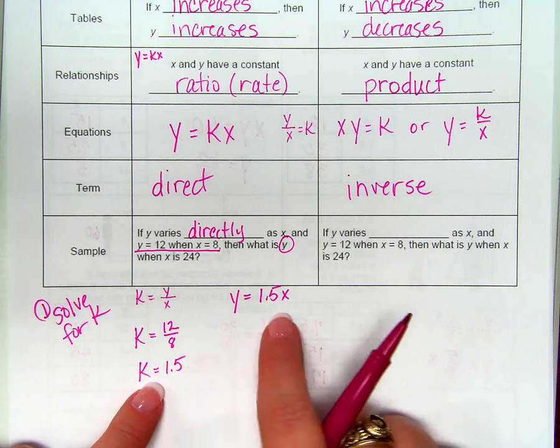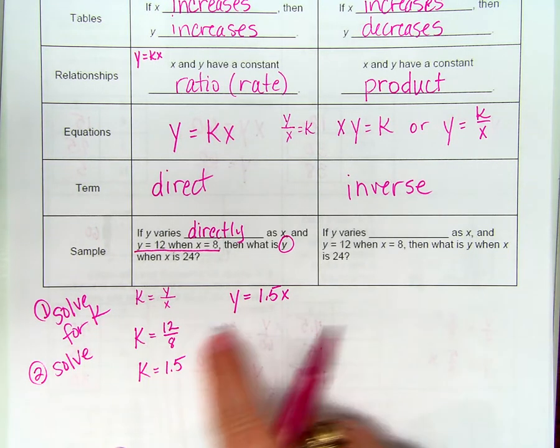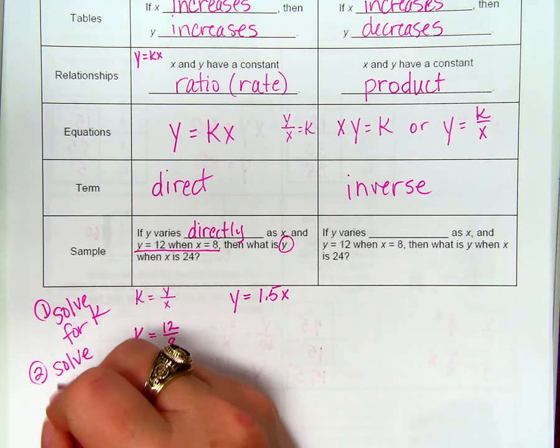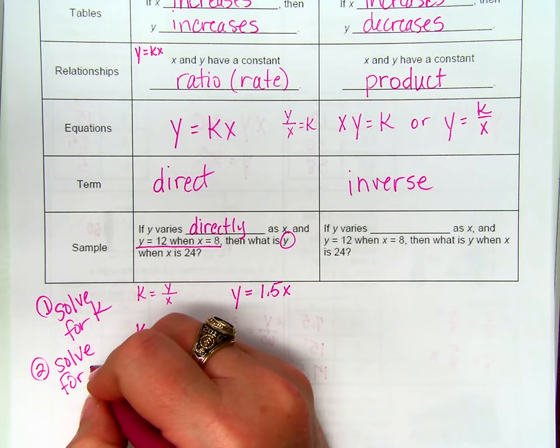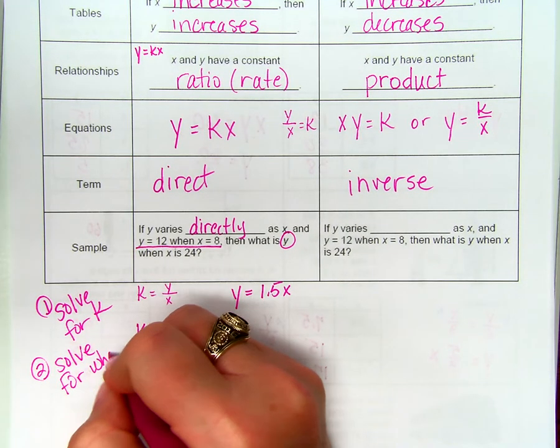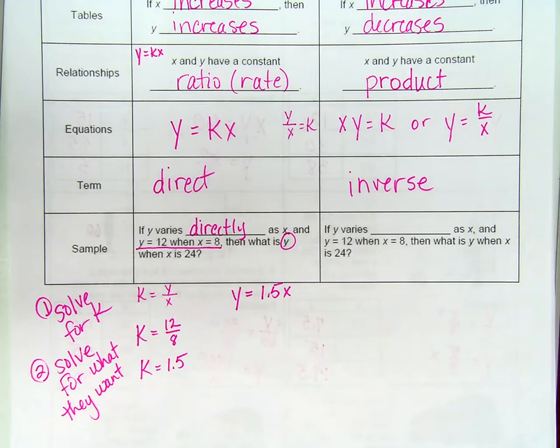Now that we know k, we have to solve for what they ask us for. Solve for what they want. Sometimes they'll want x, sometimes they'll want y. In this problem, they want y.